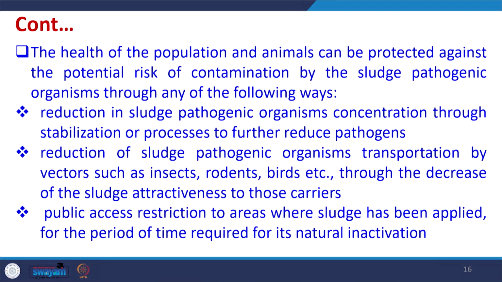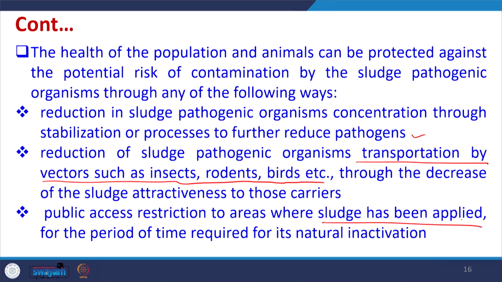Okay. Now, the health of population and animals can be protected against the potential risk of contamination by the sludge pathogenic organisms through any of the following ways. The reduction in the sludge pathogenic organism concentration through stabilization or processes to further reduce the pathogens. Then reduction of sludge pathogenic organism transportation by vectors such as insects, rodents, birds, etc., through the decrease of the sludge attractiveness to those carriers.